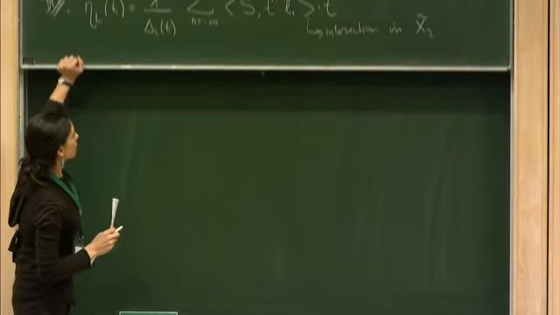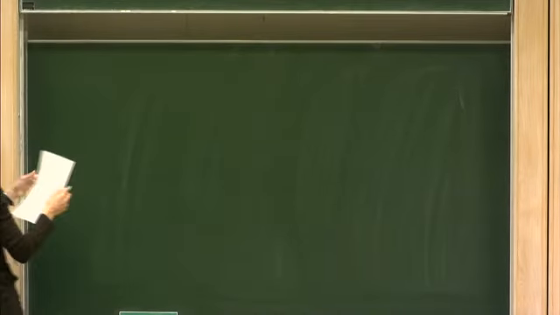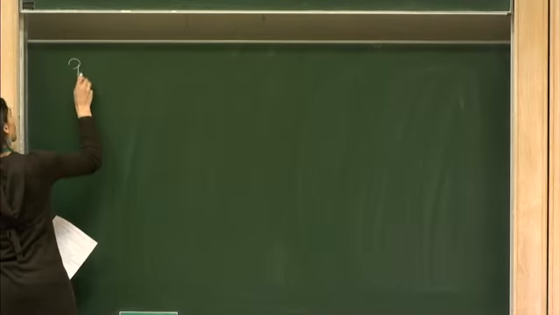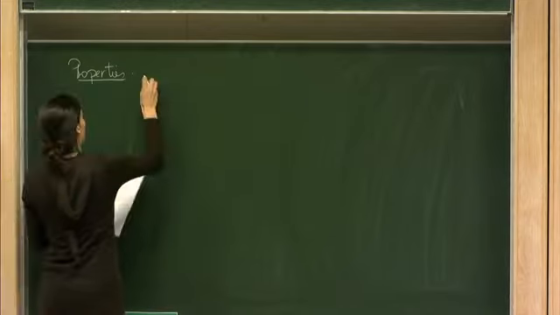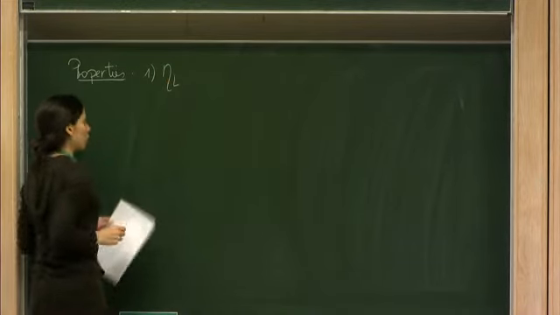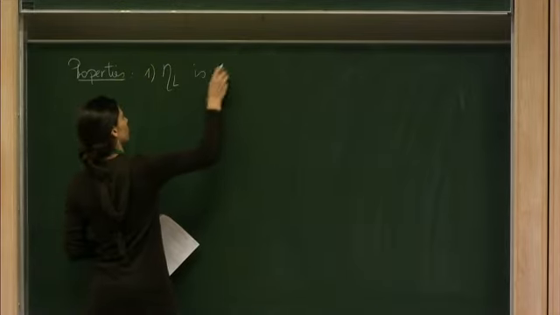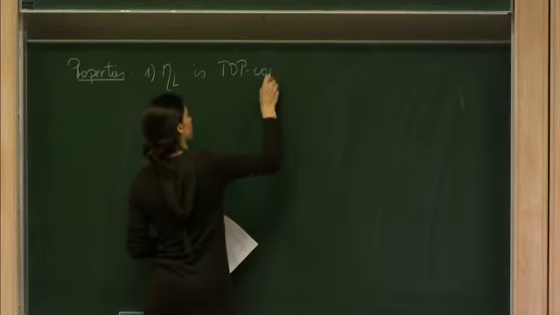So what's interesting about this function is, of course, its properties. So let me just give you some of them. The first thing is that the eta function of a link L is a topological concordance invariant.